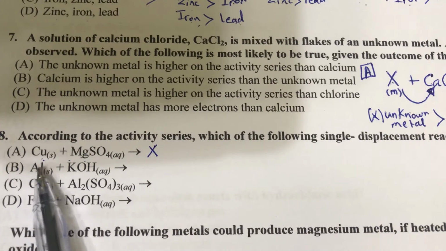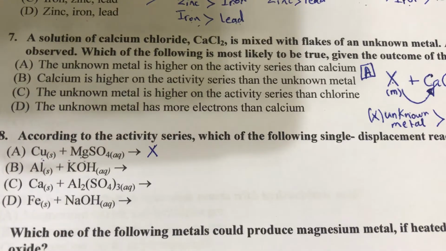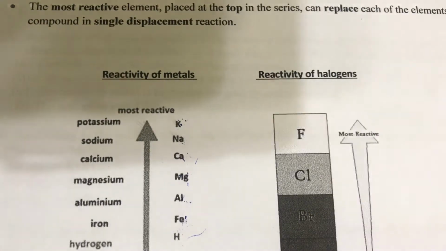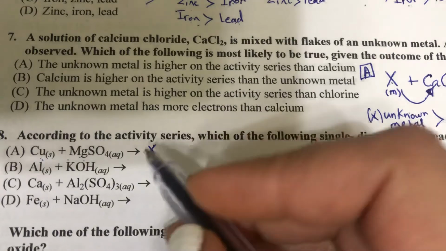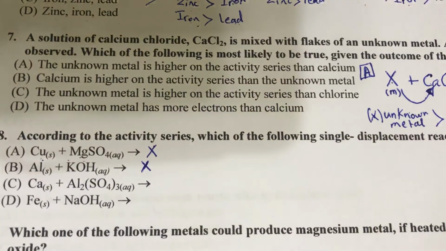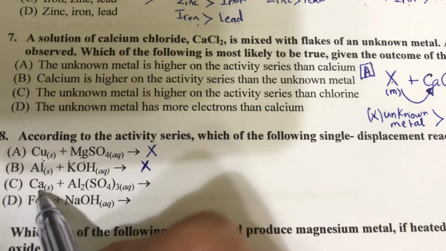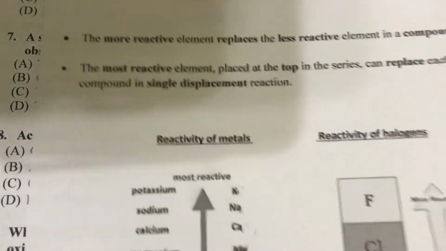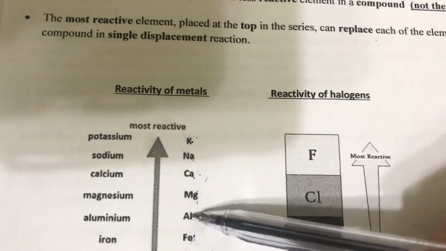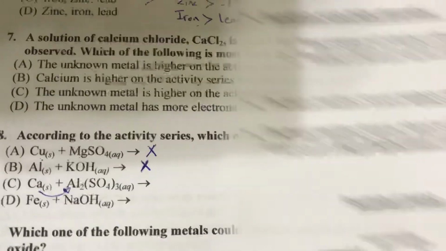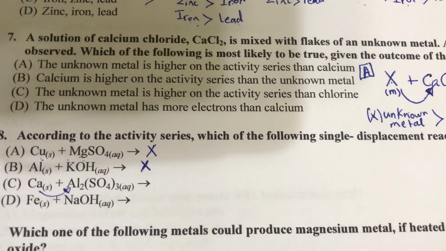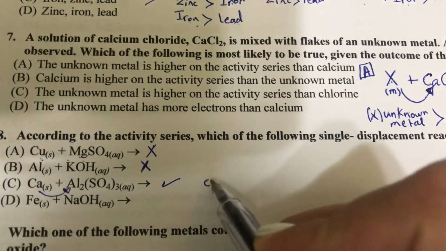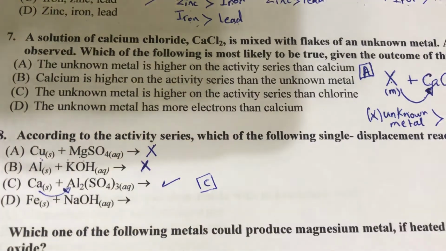Can aluminum replace potassium? Is aluminum more reactive than potassium? No. So this reaction does not occur. Now see, calcium can replace aluminum. Is calcium more reactive than aluminum? Yes. So calcium replaces aluminum and the reaction occurs. So the correct answer is C.